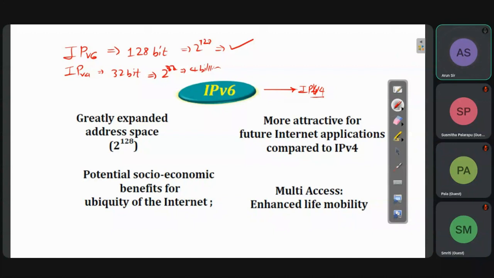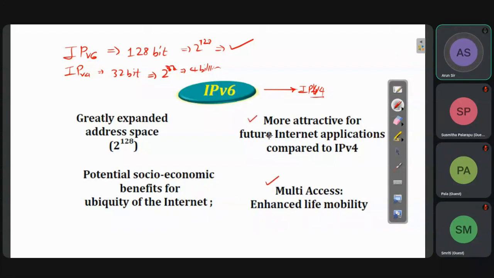So if you are into network security, which involves IoT devices as well, then you should know what IPv6 is, how exactly it works, and the other factors, which are very similar to IPv4. Multi access is possible.